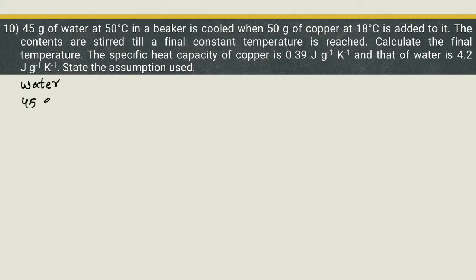Alright, so water, 45 gram at 50 degrees Celsius, is in a beaker, and there is another substance added to it, copper. How much copper? 50 gram. At what temperature? 18 degrees Celsius.